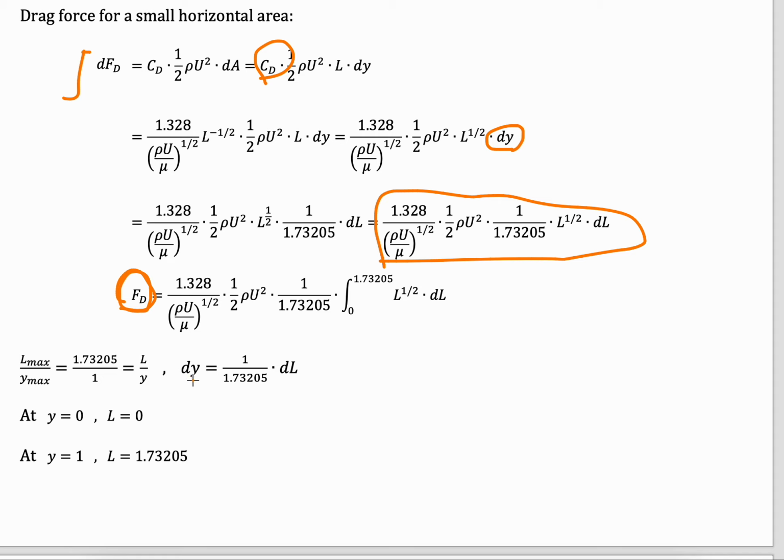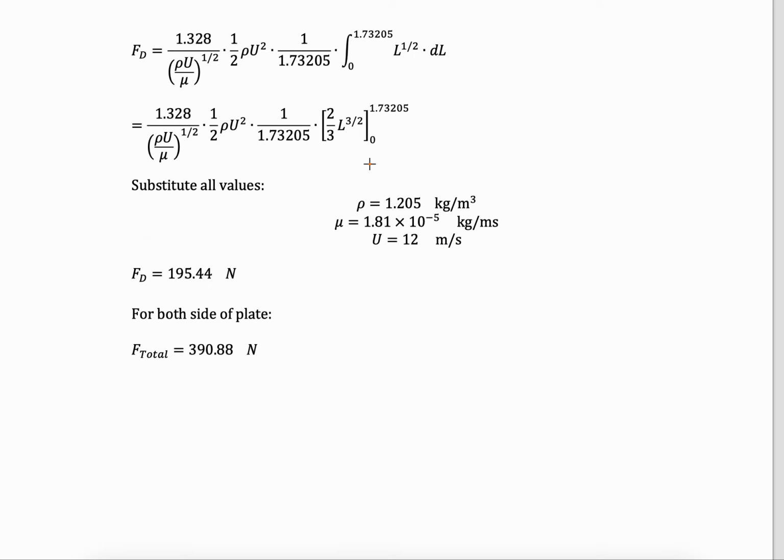If we do dy over dl, we can write dy is equal to 1 over 1.73205 dl. That's why we substitute the value of this one to replace dy. And then we do the integration, and we get this one.